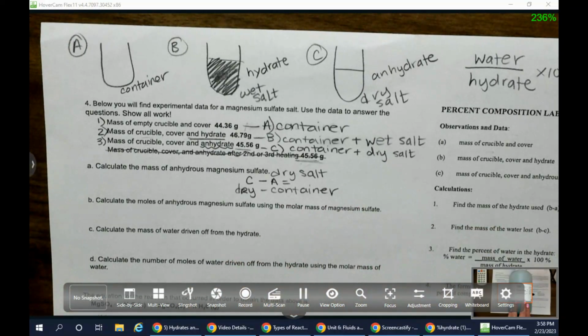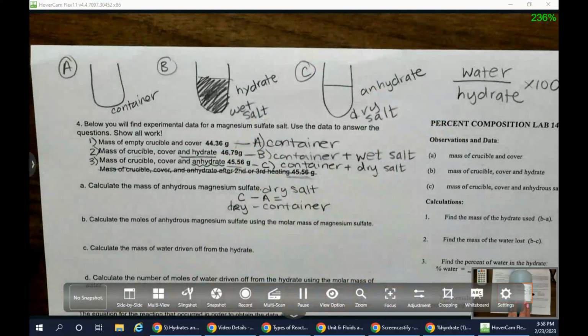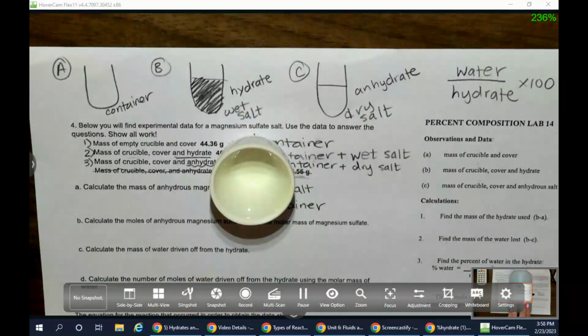This is the example I showed them last period, if you're like, what? I have a crucible. There's my crucible. That crucible weighs 2 grams. Everybody has 2 grams in your head? We're good? All right. I put a paper clip in there. Now it weighs 3. How much was the paper clip? 1. Exactly. And you did that in your head, right? Because you're like, oh, the difference between the two, right?